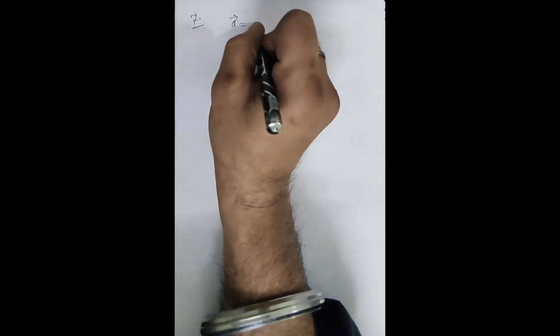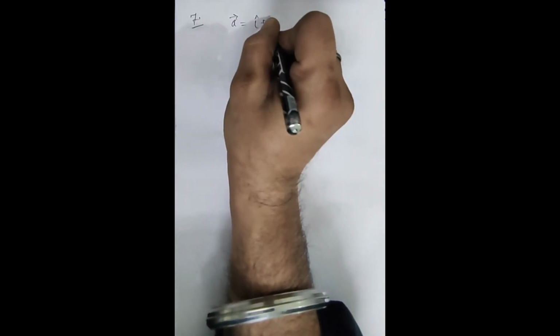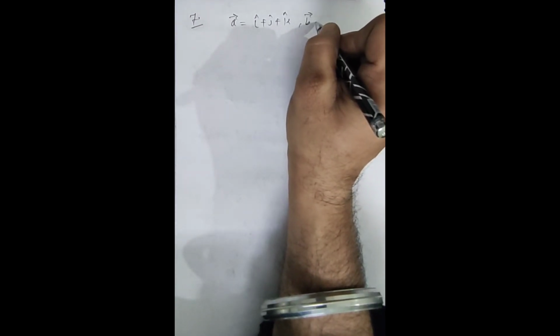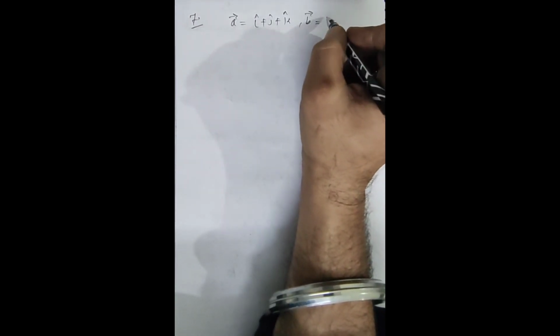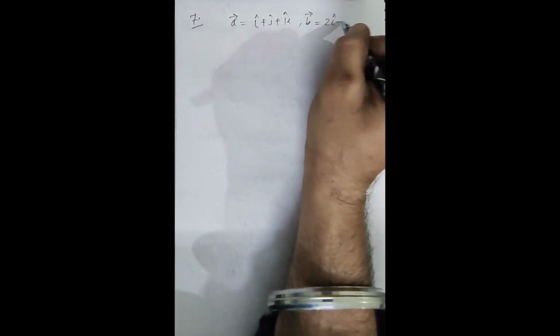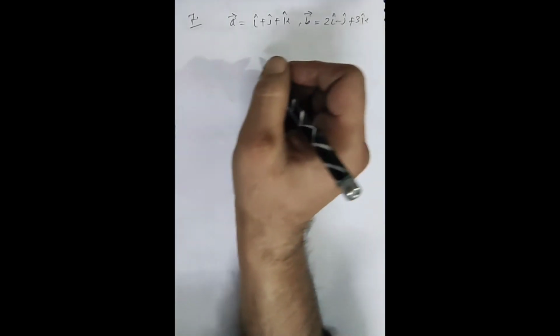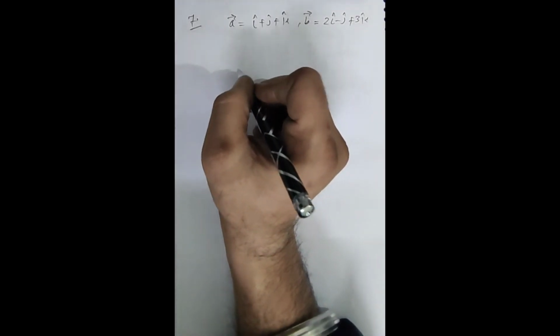Next is question number 7. Given vectors are a equal to i plus j plus k, b is given as 2, minus 1, 3, and c as 1, minus 2, 1.